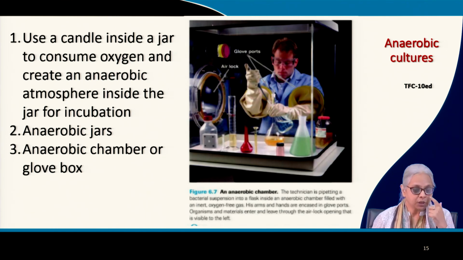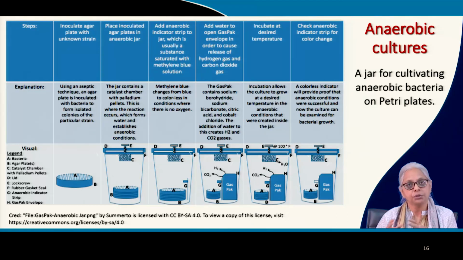I then come to anaerobic jars, which are for small scale experiments. In the first case, you inoculate the agar plate with whatever anaerobic bacteria you have and place it in an anaerobic jar. An indicator strip is part of the jar. These are commercially available setups, and the strips are generally saturated with methylene blue.